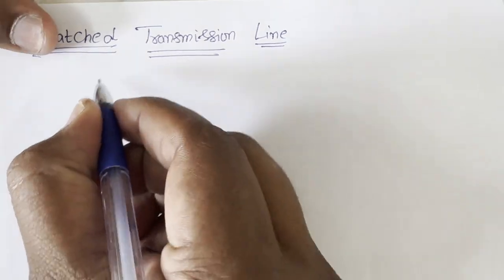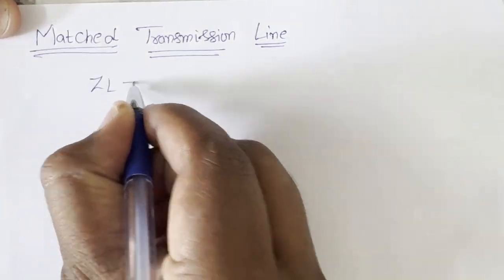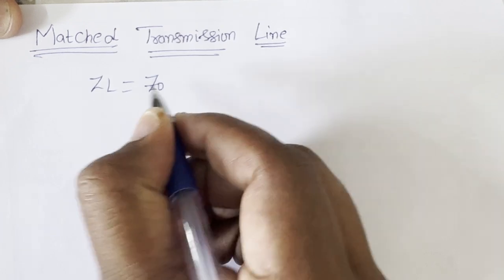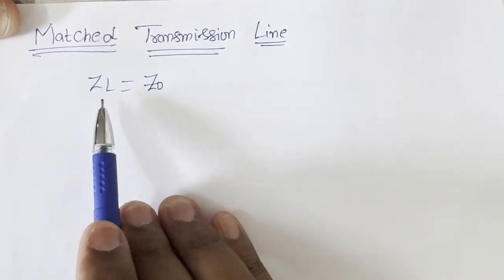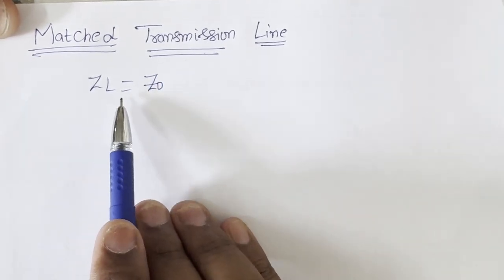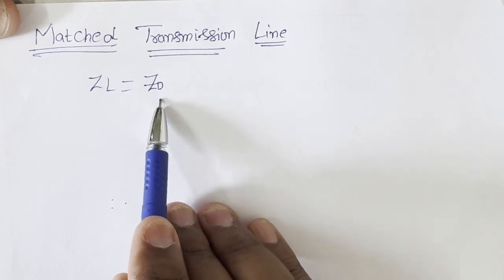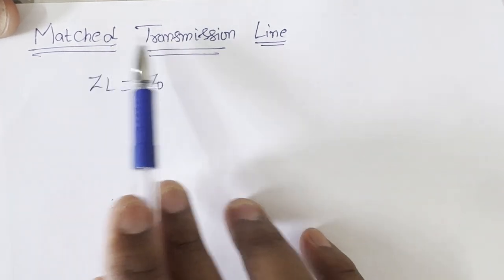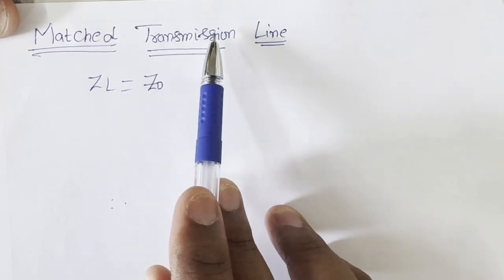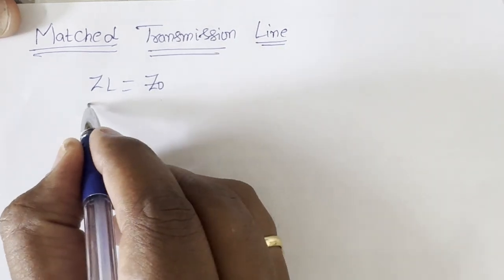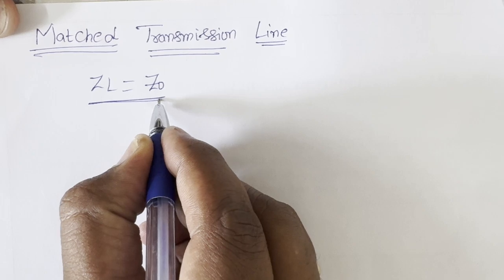Whenever the load impedance ZL is equal to the characteristic impedance Z0, then we can say that it is a matched transmission line. That is the important condition, ZL equal to Z0.